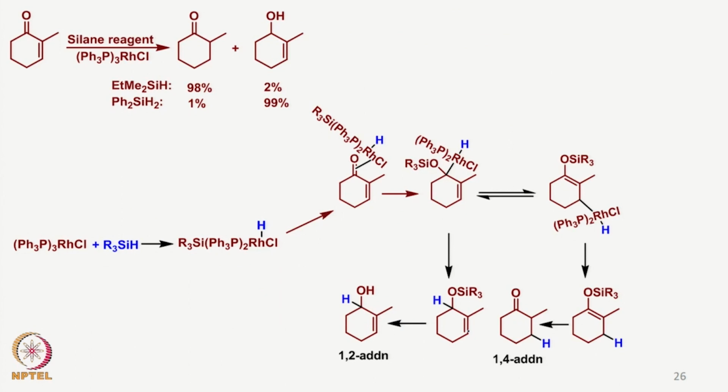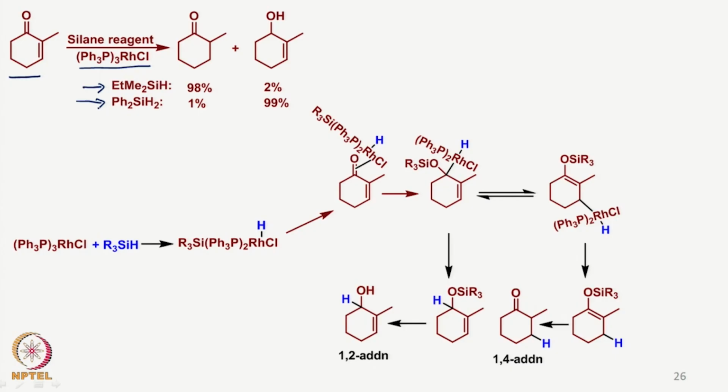So if we take an enone of this kind and react it with a silane reagent in the presence of Wilkinson's catalyst, then it is found that two different types of reducing agents were utilized, and they lead to two different types of products.